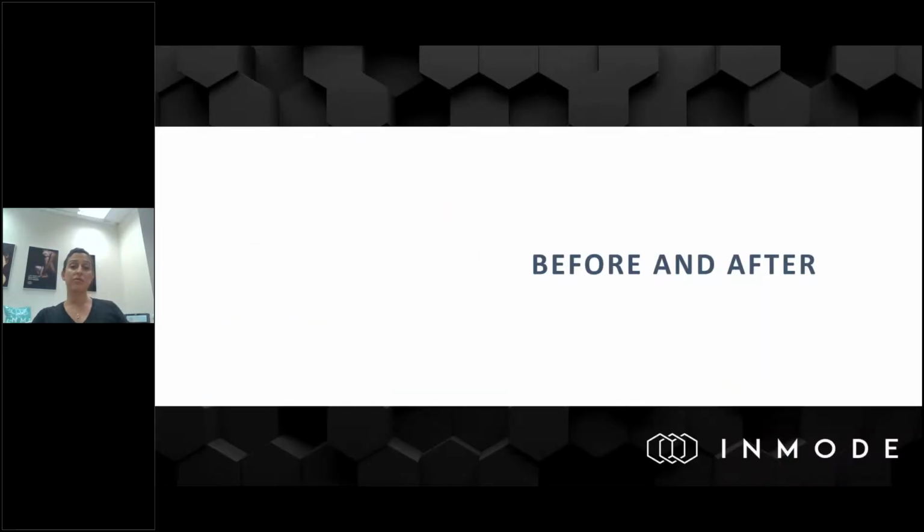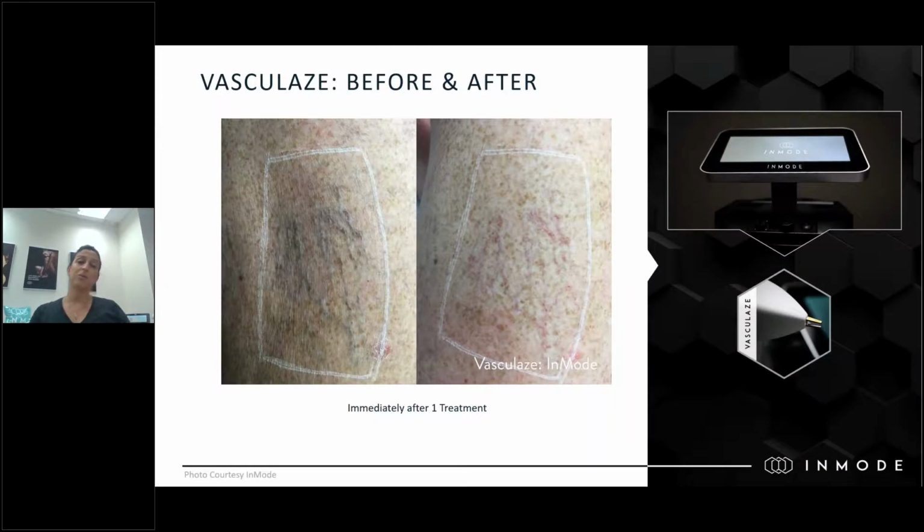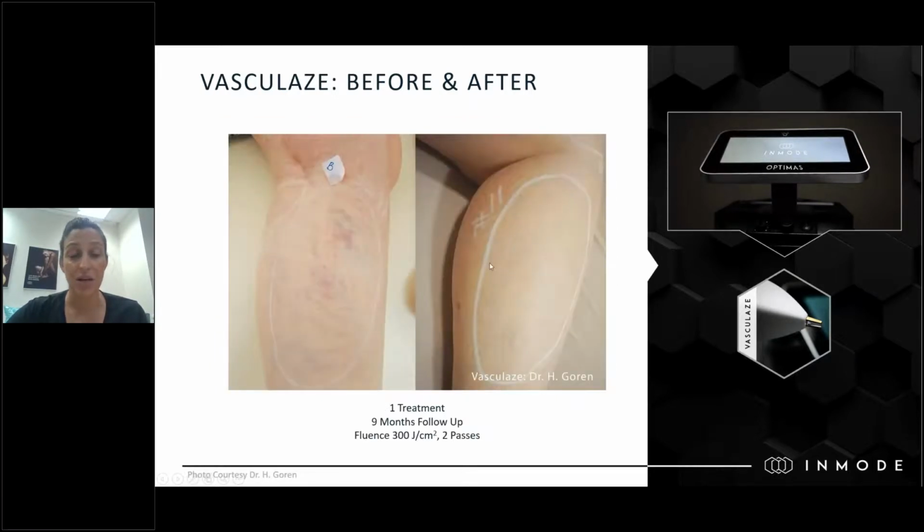So a little bit of before and after. The first one would be immediately after the treatment. This is exactly what we discussed earlier, the erythema and edema. You can actually see that this vessel is kind of raised from the skin. This is an immediate after-effect. What you can see here is a very nice clearance after 9 months of a single treatment.